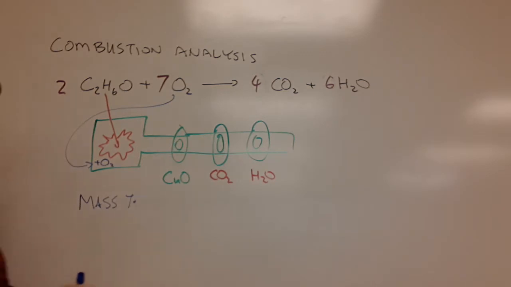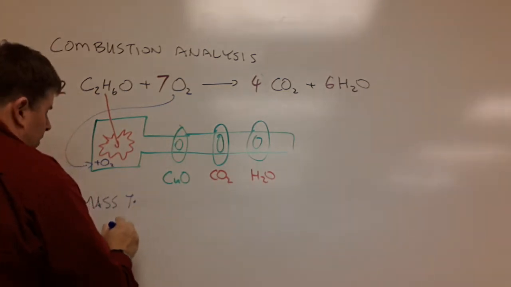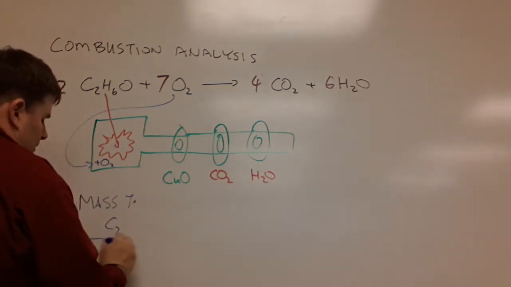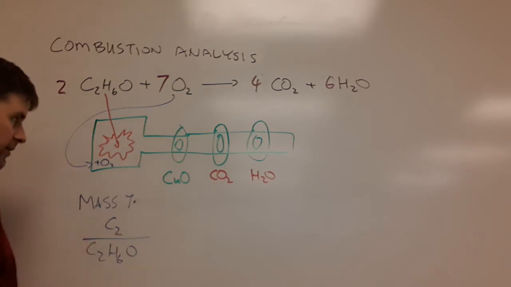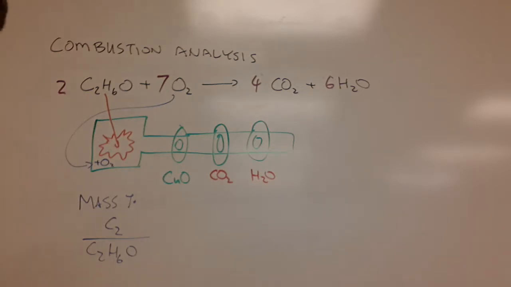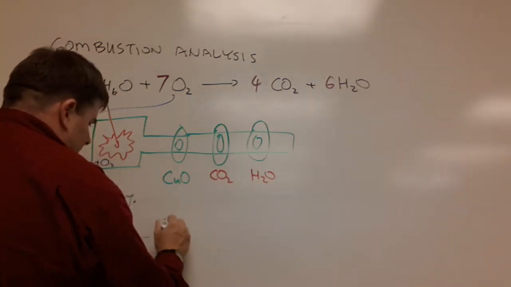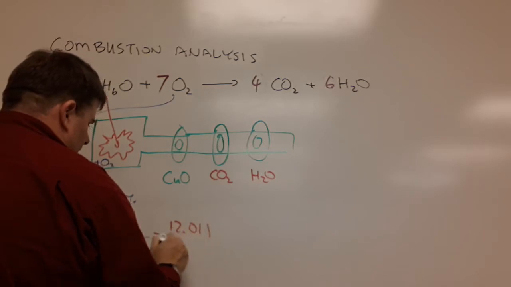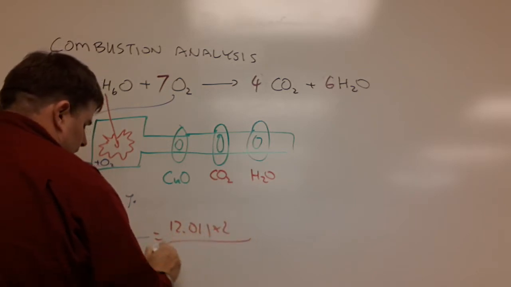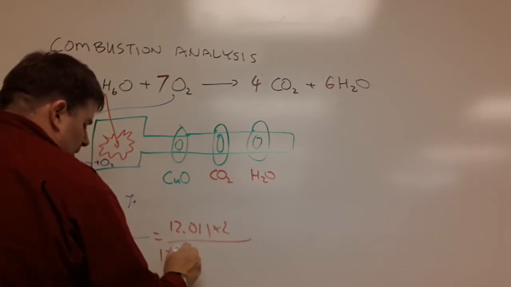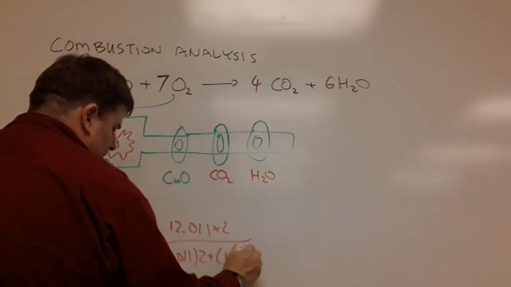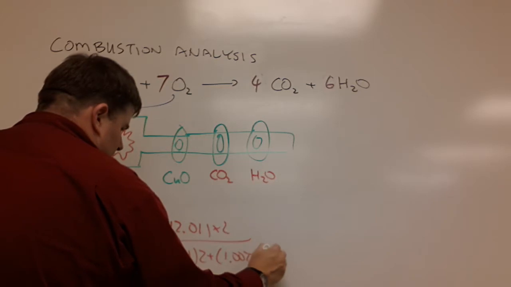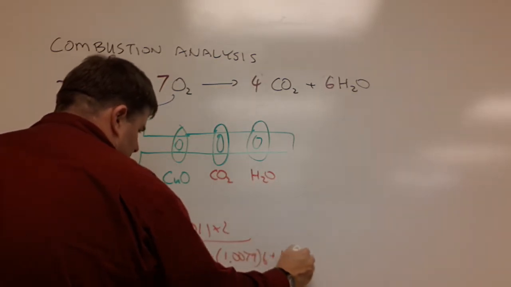Okay, so when we combust this thing, carbon is how much of ethanol? Well, this goes 12. So if we look at this, this is 12.011 times 2 divided by 12.011 times 2 plus 1.0079 times 6 plus 16.00.